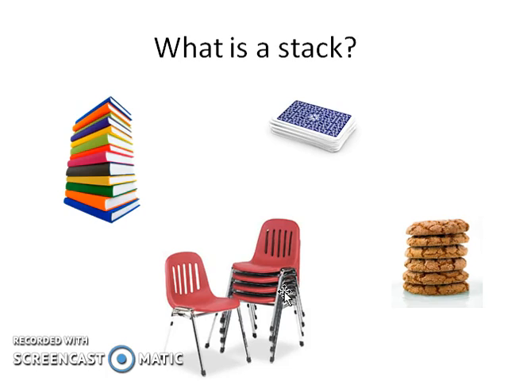Obviously the topmost chair. Similarly here, the first cookie that could be taken out is the topmost cookie. And here, the topmost card from this deck can be drawn conveniently and the topmost book from this pile can be taken out conveniently. So all these are classical examples of stacks.